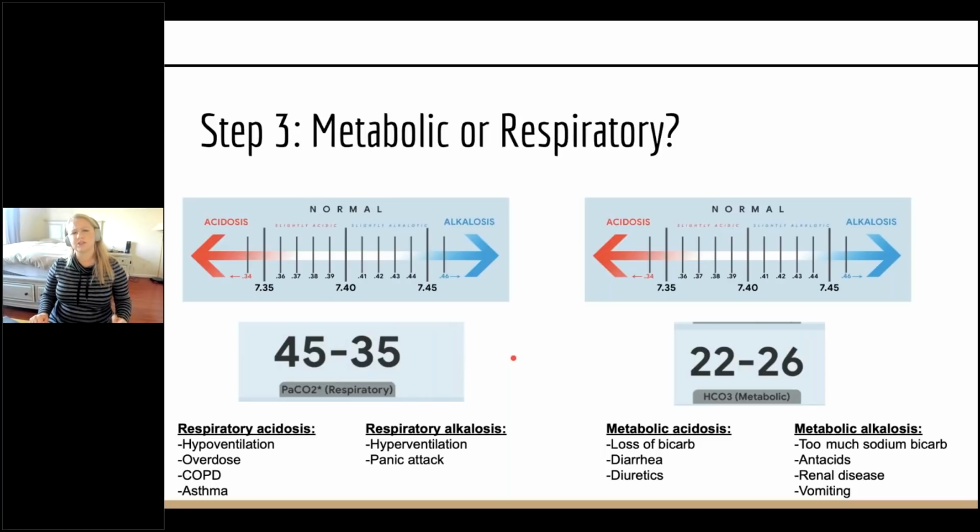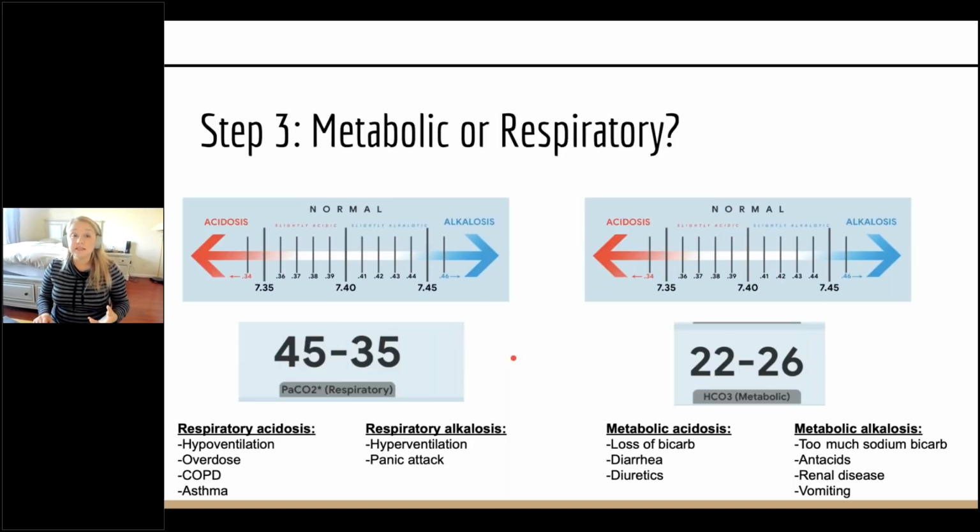What could cause a respiratory acidosis? Well, that means a situation where we have too much CO2. We're retaining CO2. So it's all these different scenarios of hypoventilation. An overdose, where the patient's only breathing 5 times a minute.